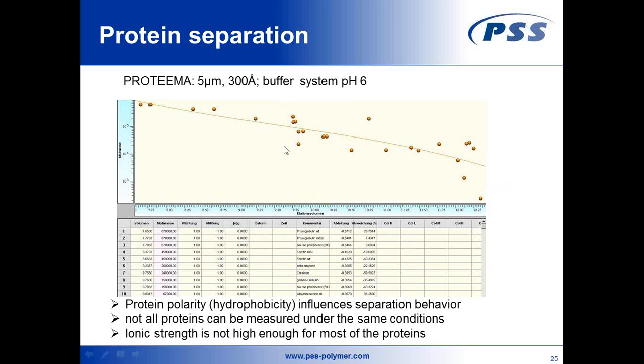In this case, a whole bunch of various proteins were measured on a 300 angstrom column with a phosphate buffer system at pH 6. But you cannot really use these proteins as a protein calibration curve because they do not elute according to the size dependence of SEC.